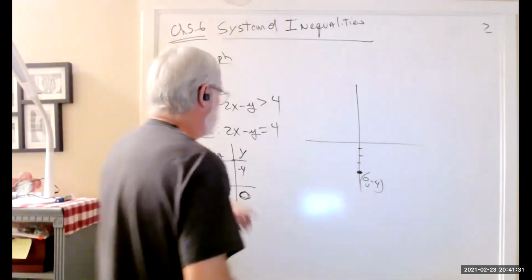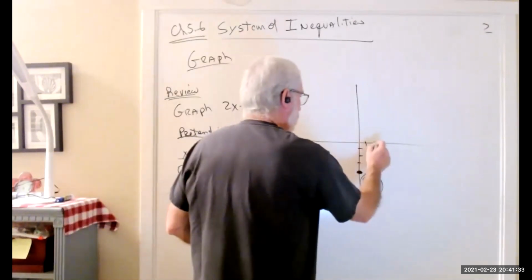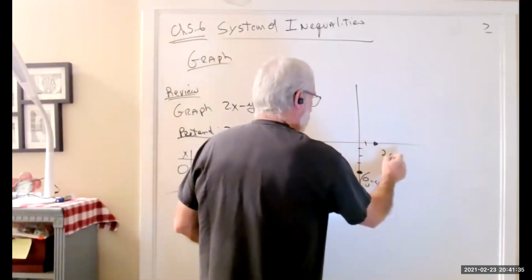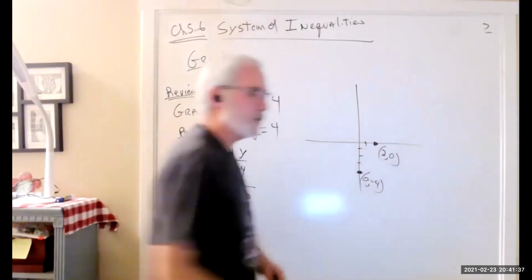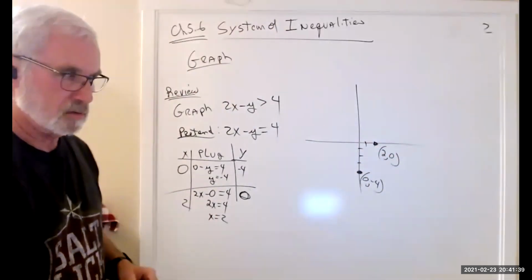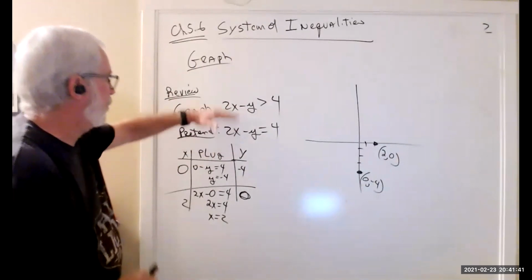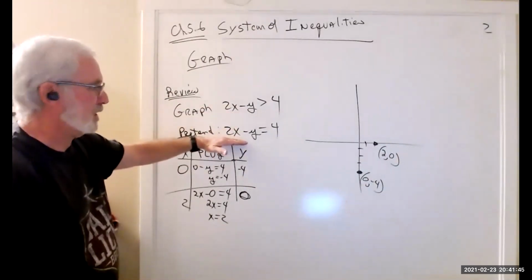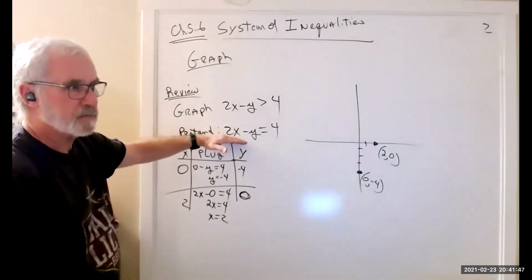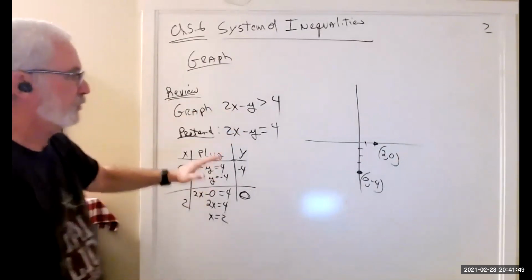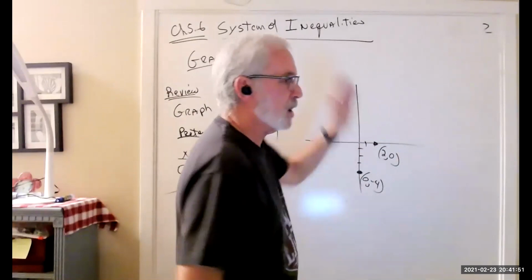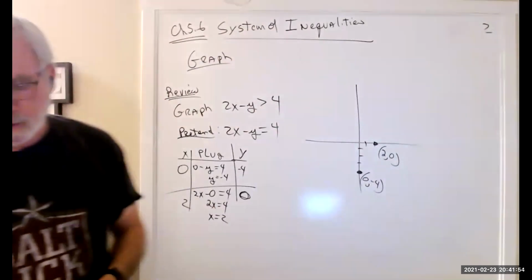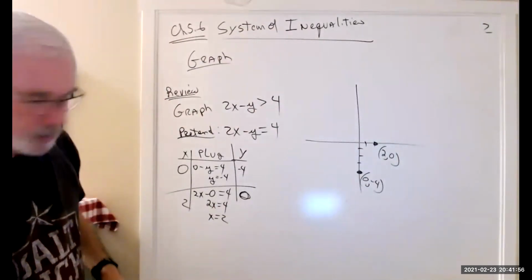And we go to 2, 0. Now is where the thinking comes in. Okay, so we took this problem. It says graph this. We pretended it was an equal sign. We got our points. We're going to draw lines. First question to everyone: do I draw a solid line or a dotted line?